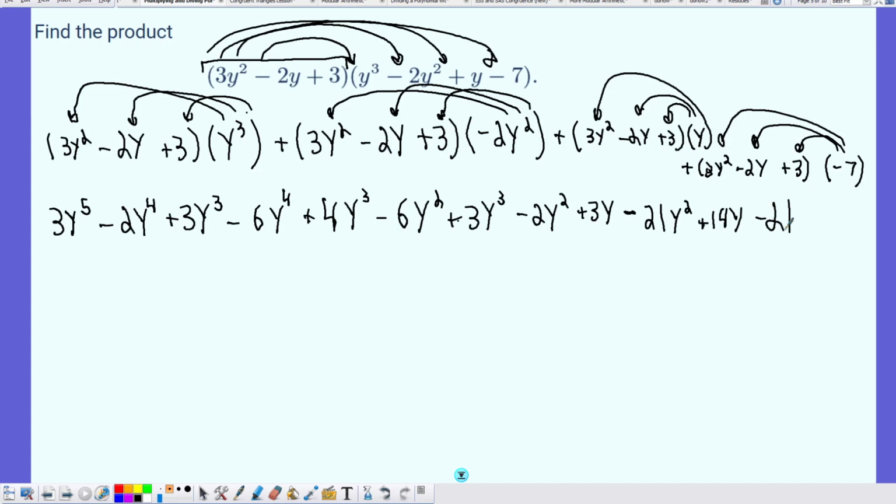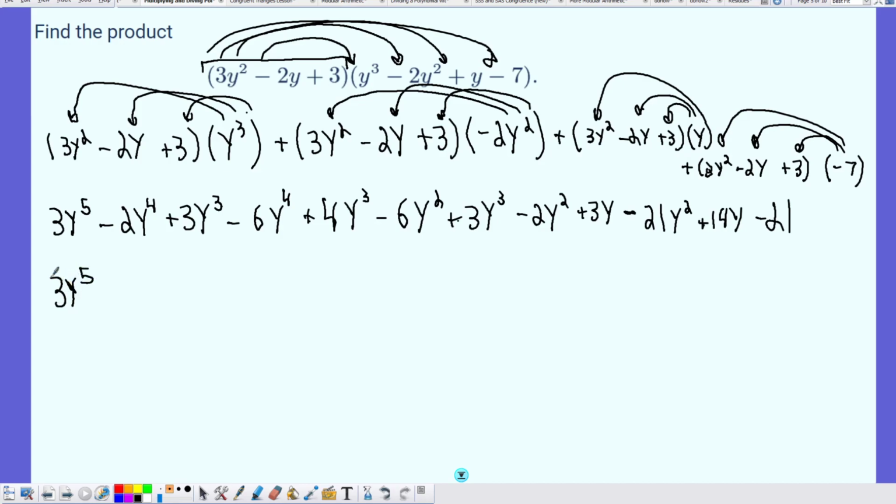Now, this next step is an optional choice. I think it's just sort of helpful. I'm going to rewrite what I have in order from the highest exponents to the least highest exponents, descending. So, my highest exponent is this 3y to the fifth power. So 3y to the fifth can stay right where it is.